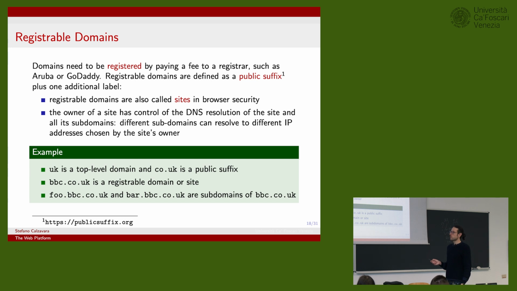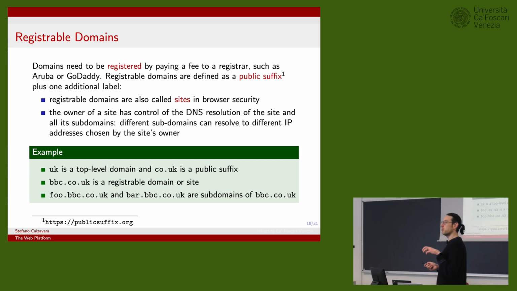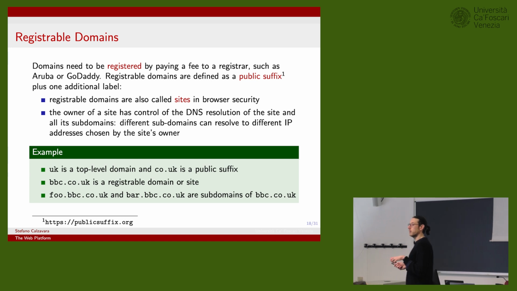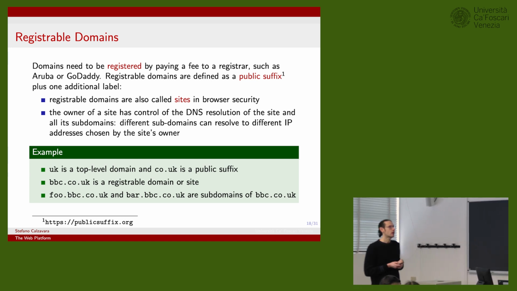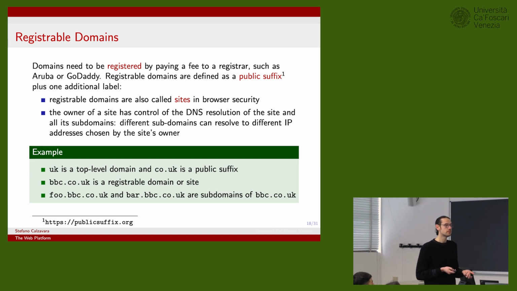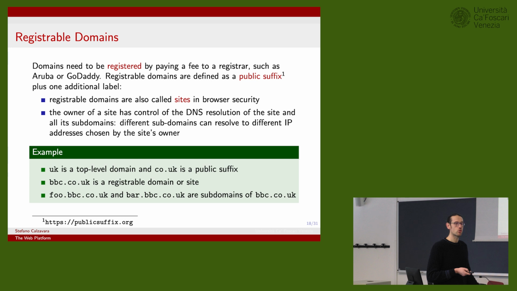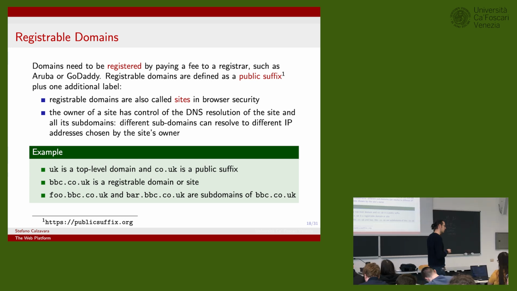As I mentioned, you can think of domains like a tree structure. So whenever you buy some registrable domain, such as bbc.co.uk, you can create as many subdomains as you like and control DNS resolution. So you can, for example, make different subdomains resolve to different IP addresses, so to different physical machines. And here you can find an example.